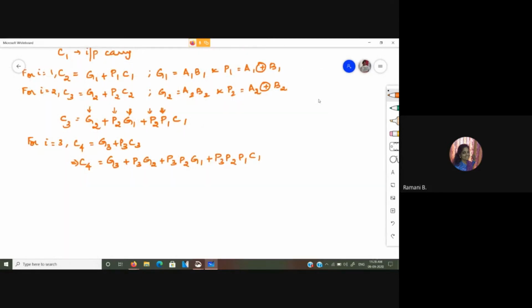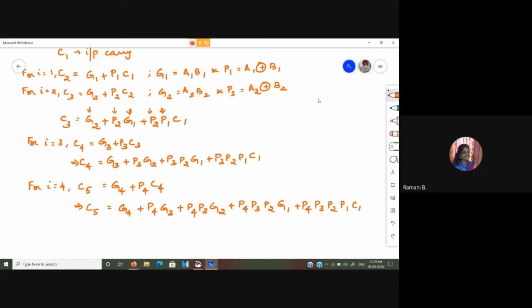And lastly, for i equal to 4, we have C5 is equal to G4 plus P4 C4. Now substituting this C4, you get C5 is equal to G4 plus P4 G3 plus P4 P3 G2 plus P4 P3 P2 G1 plus P4 P3 P2 P1 C1. This C5 is our output carry.